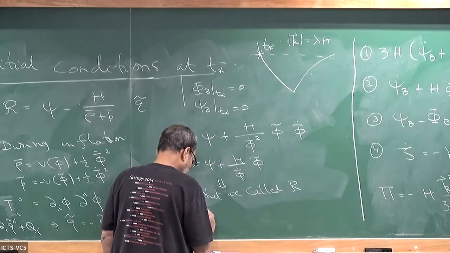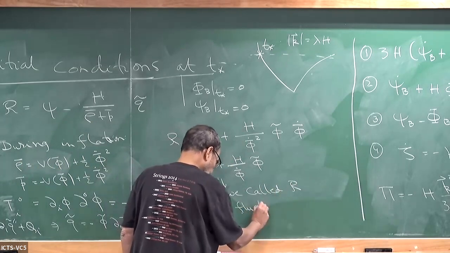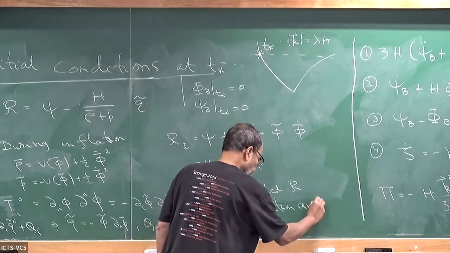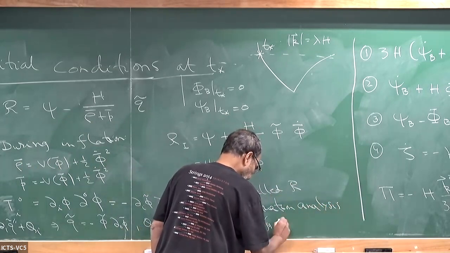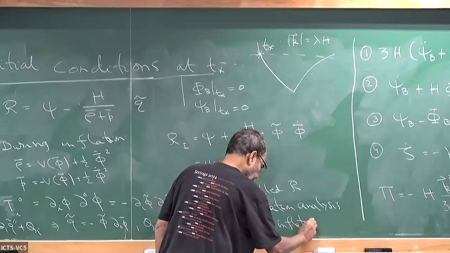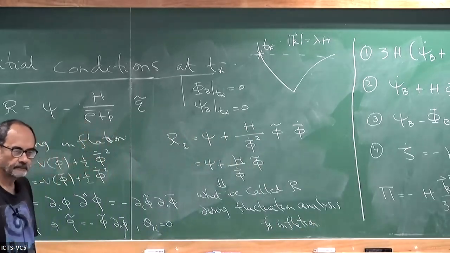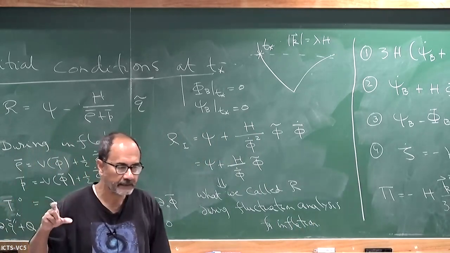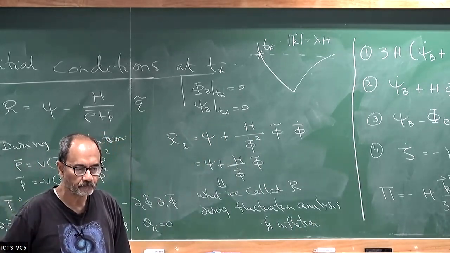So this initial condition on R is basically set equal to what we had during inflation, R star.